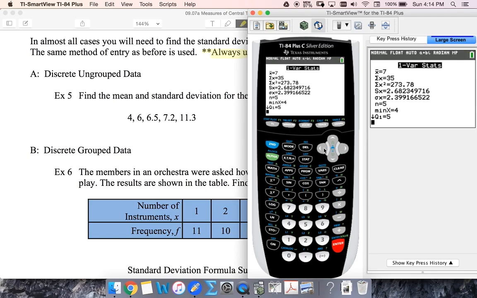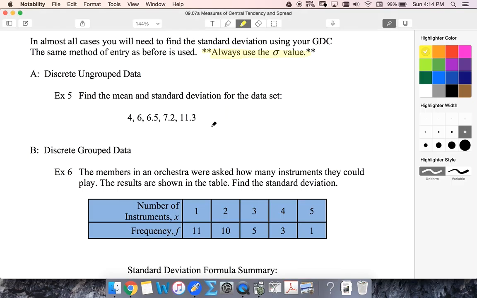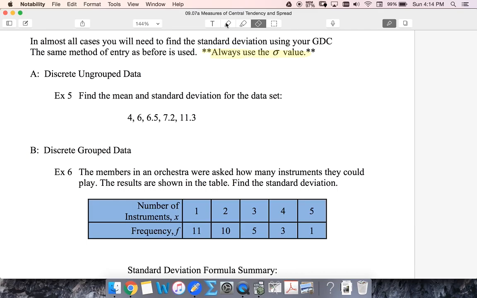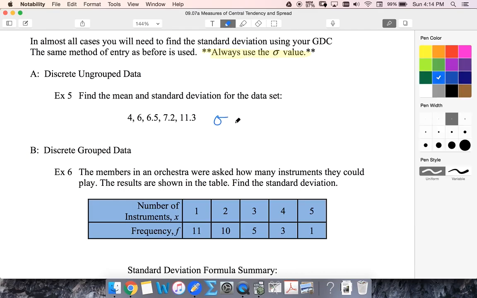And our standard deviation value is 3.40 when I round to 3 significant figures. So we're always using the sigma value. Sigma gives us our standard deviation, 3.40. So looking at these data points, they're spread pretty far apart.